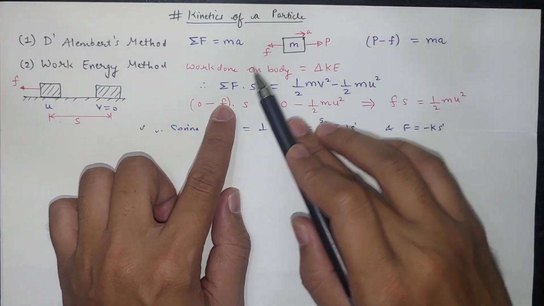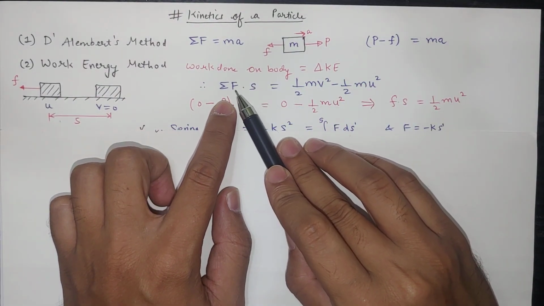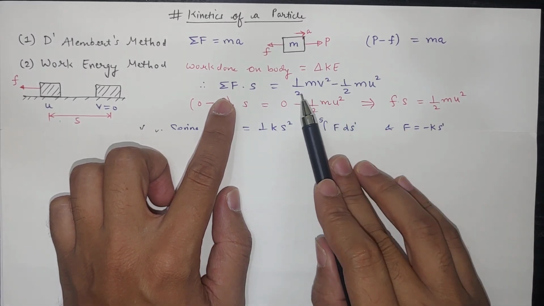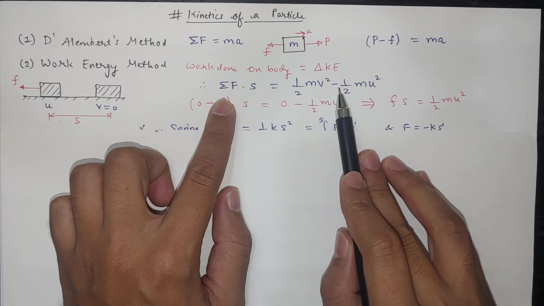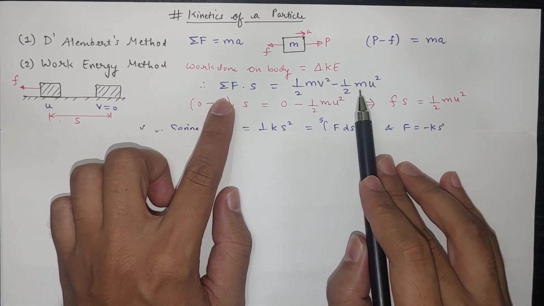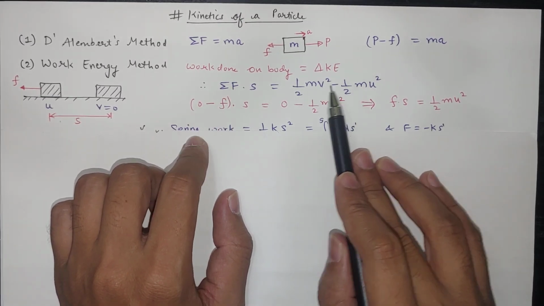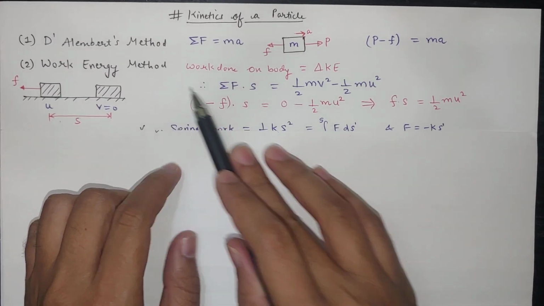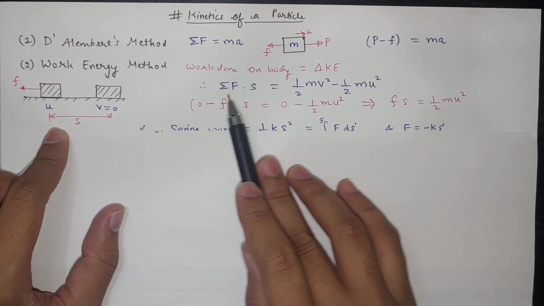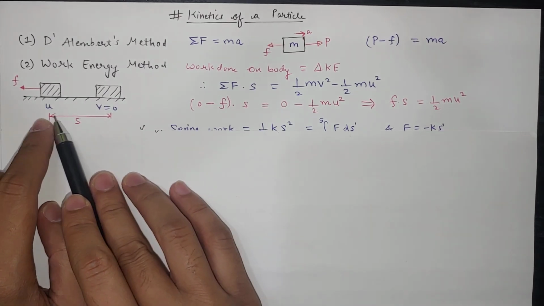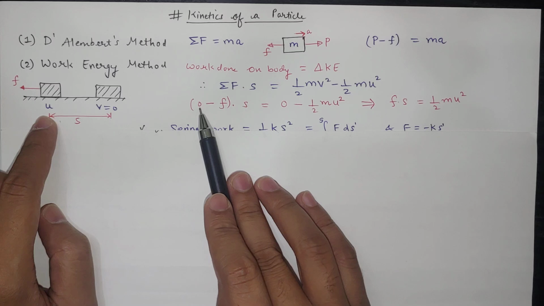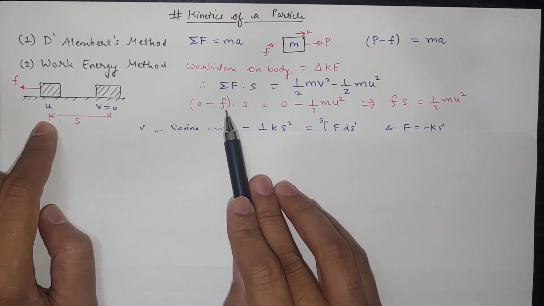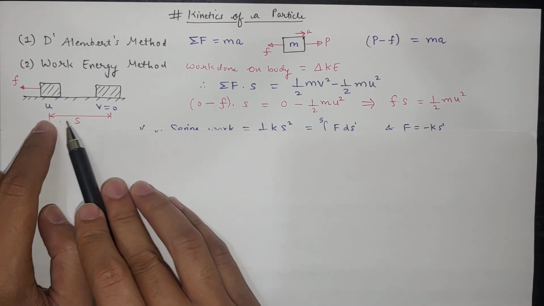So here, work done on the body, the summation of F dot ds, force into displacement, will be equal to the change in kinetic energy, which is final kinetic energy, half mv square, minus initial kinetic energy, half mu square. There is no force in the displacement direction, so 0 minus F, because the force is opposite to displacement, times S, the total displacement.